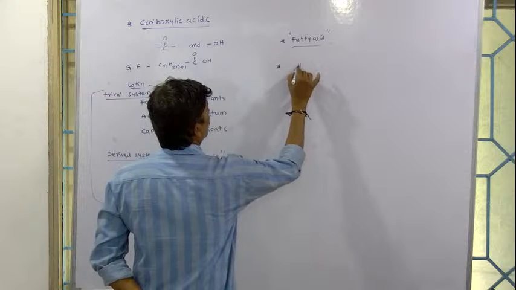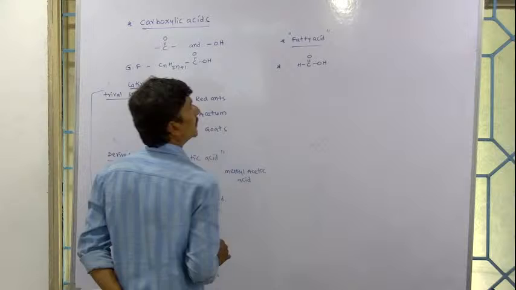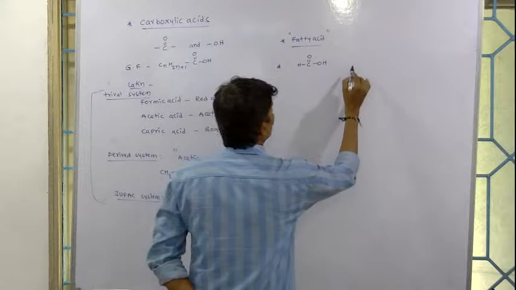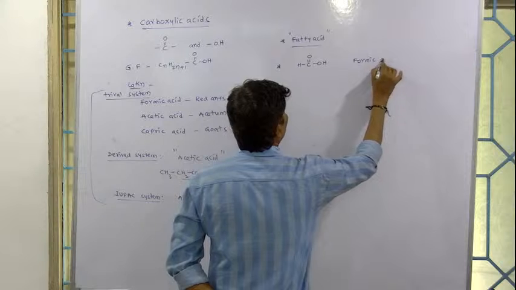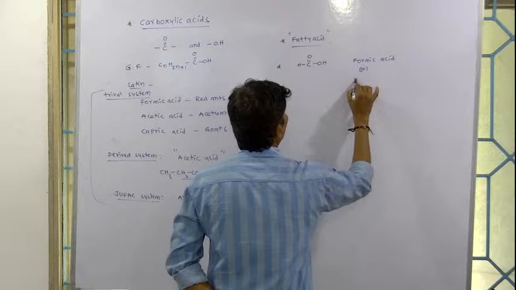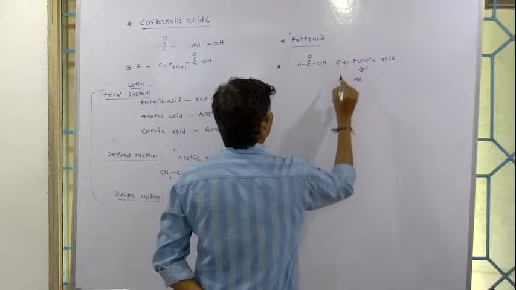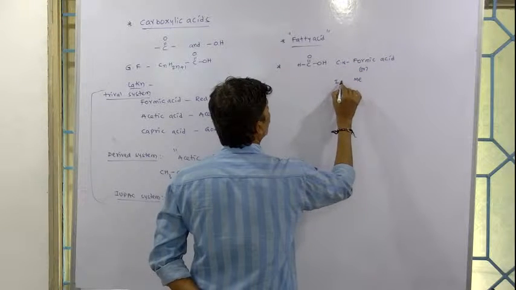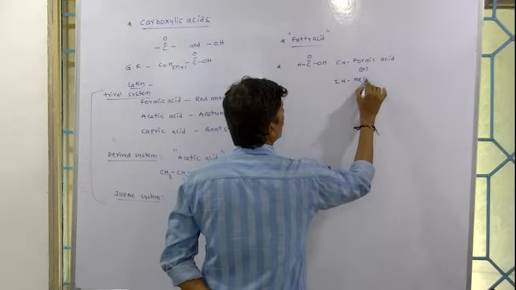For example, we look at the first one. The common name is formic acid. The IUPAC name, nothing but the methanoic acid.